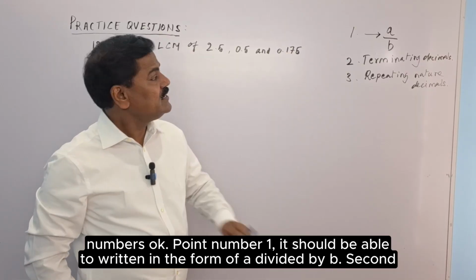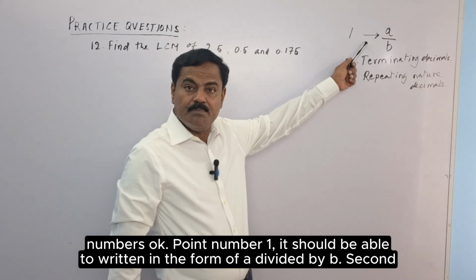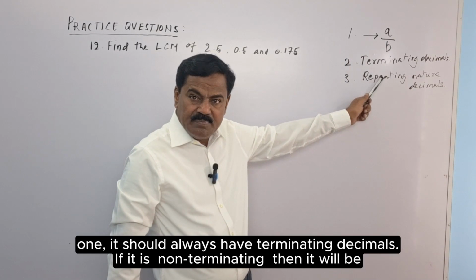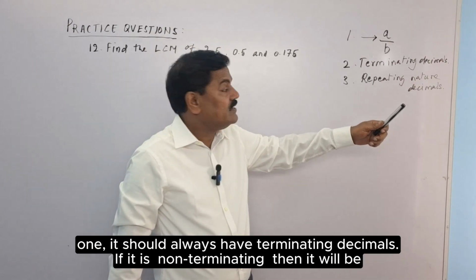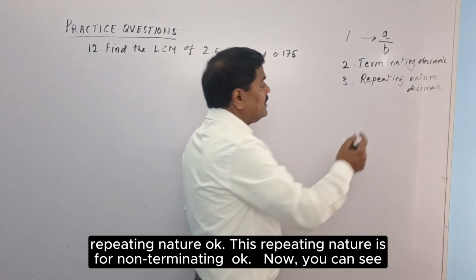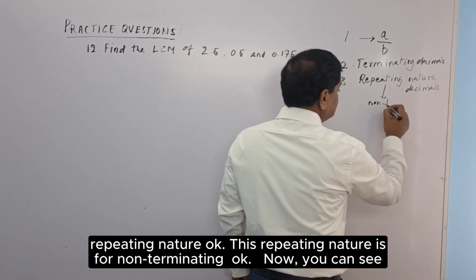Point number 1, it should be able to be written in the form of a divided by b. Second one, it should always have terminating decimals. If it is non-terminating, then it will be repeating nature. This repeating nature is for non-terminating.